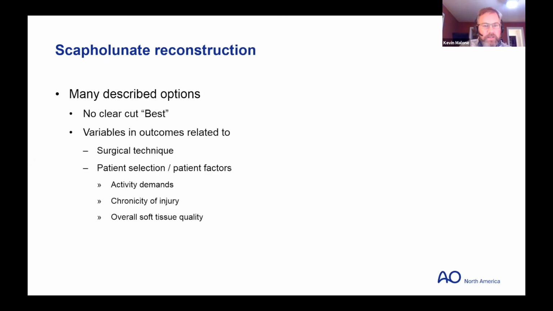So scapholunate reconstruction, there are many described options. Some have already been mentioned. There's no clear-cut best option, and a lot of it is going to come down to what's best in your hands, because what's best in your hands may not be what's best in someone else's hands. There are a significant amount of variables and outcomes that can be related to your surgical technique and your comfort level with the surgical technique. But patient selection and patient factors are very important as well.